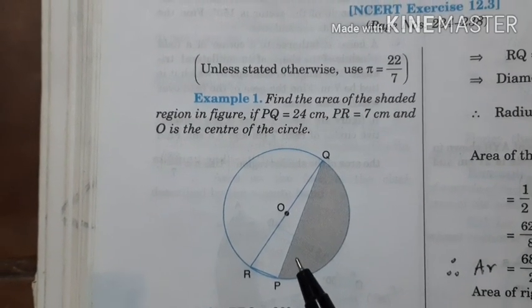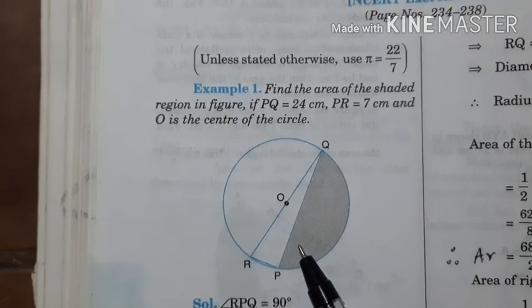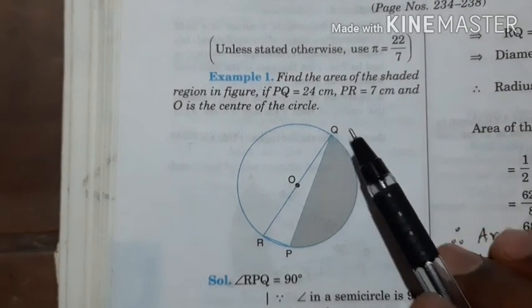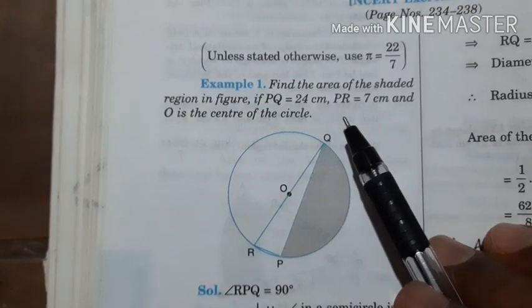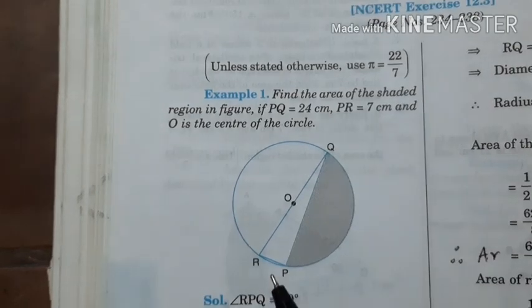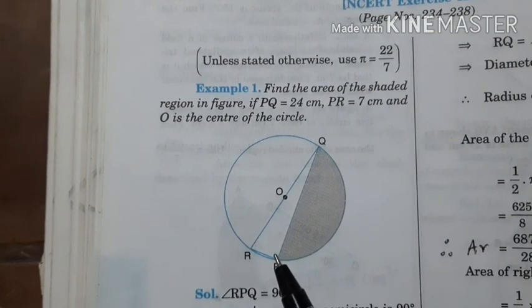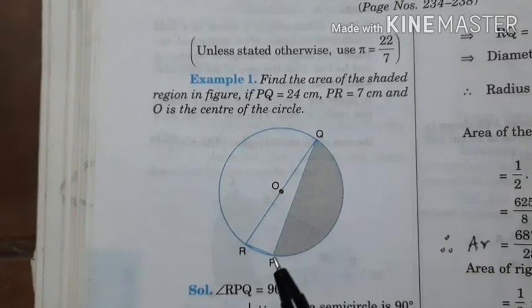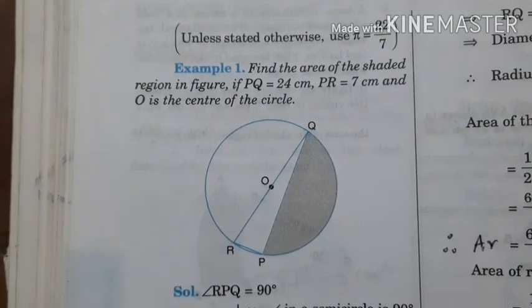Let us analyze this question. See here, children. RPQ is a semicircular region and angle RPQ is the angle made in the semicircular region. Angle made in the semicircular region is always 90 degree.